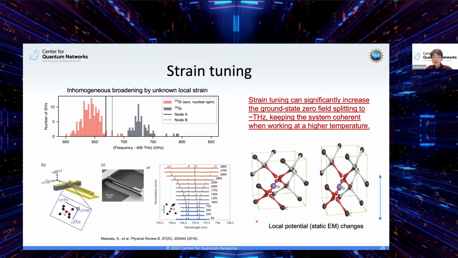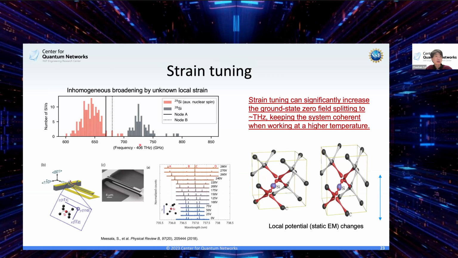For strain tuning, this is a mechanical process. Even the inhomogeneous broadening or spectral diffusion of the color center may be caused by some unknown local strain remaining in the lattice, because, as I mentioned, the size of the doped atom is quite different from the original carbon atom.